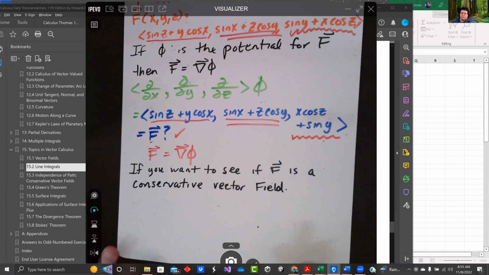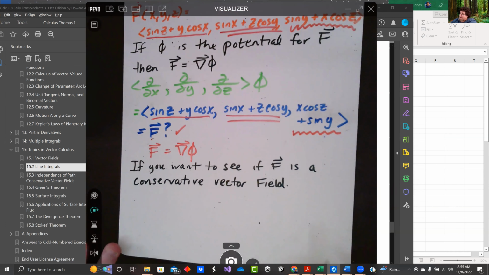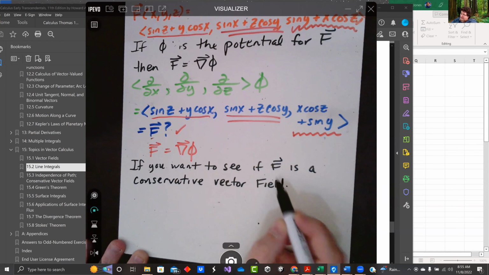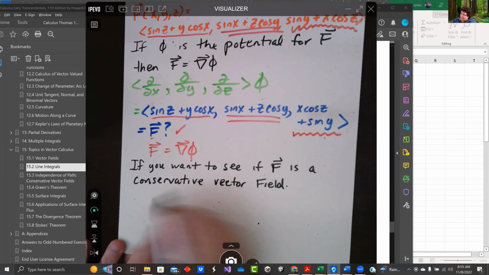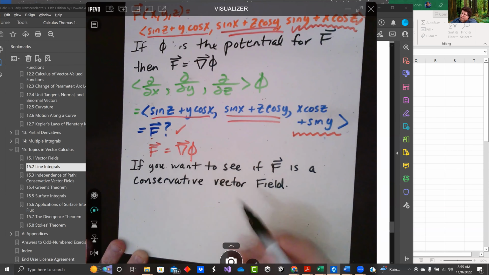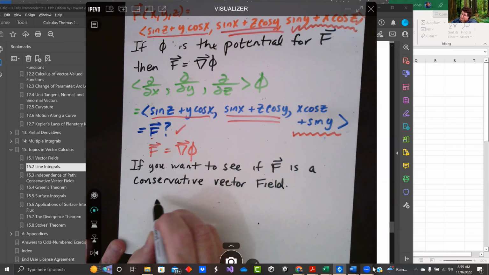The whole section on 15.3 is on conservative vector fields, so if you have questions about it, wait for it. All we have to do is see if it is a conservative vector field. We know it's the gradient of a scalar potential function.